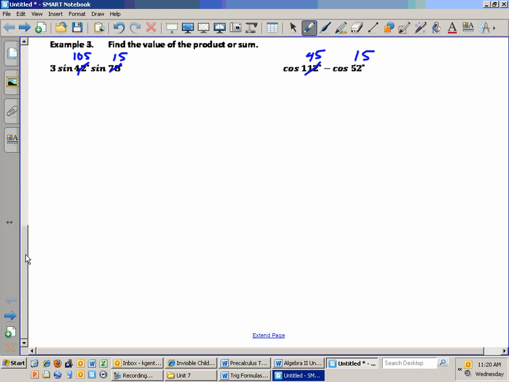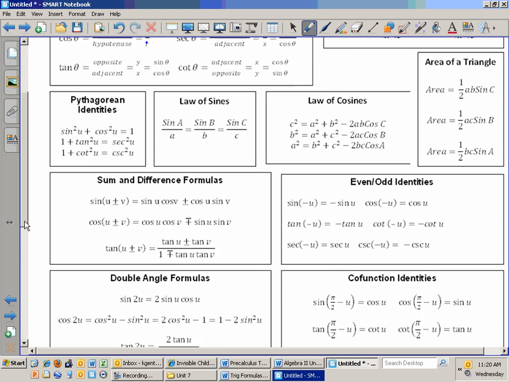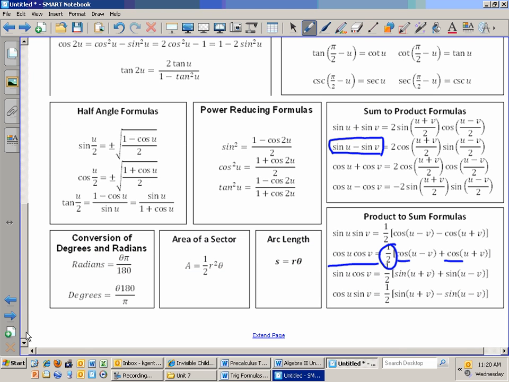If we look at our sine times our sine, and I look at my formula sheet, sine times sine could be rewritten as 1/2 times the cosine of them both subtracted minus the cosine of them both added. So I'm going to do that.